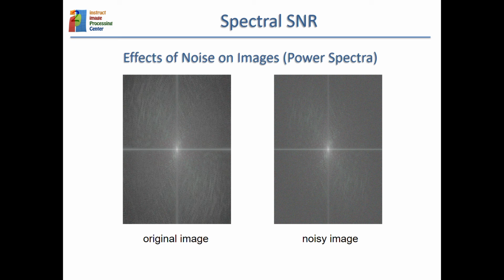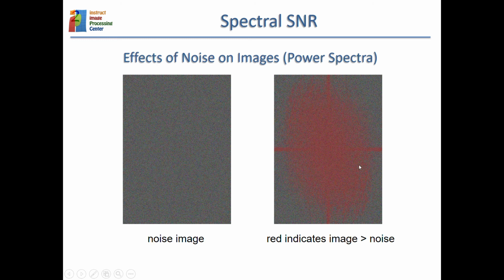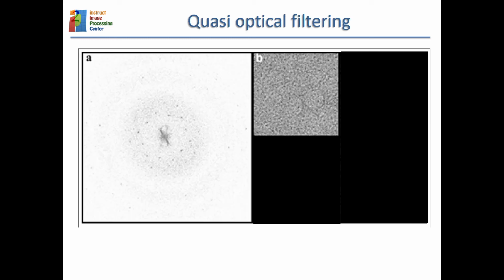This would be the power spectrum of the original image, the power spectrum of the noisy image, and then for these blue points we have more noise than signal, and for these red points we have more signal than noise. The problem with real images is that you never know for which coefficient you have more signal or noise. In principle this happens also for real images, only that you don't know which coefficients to keep.